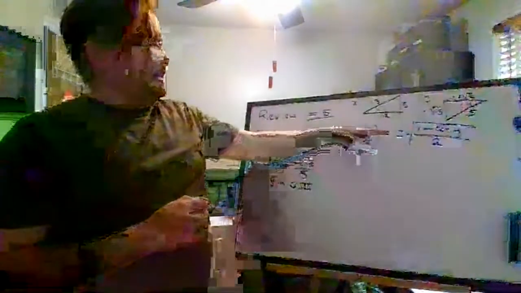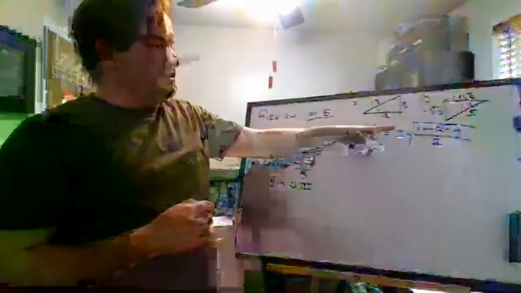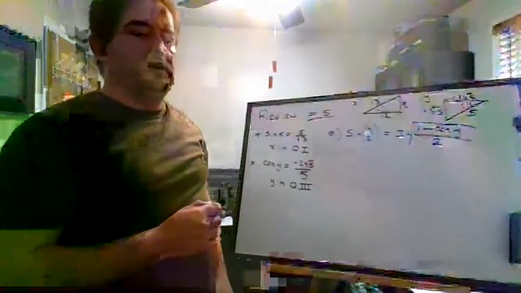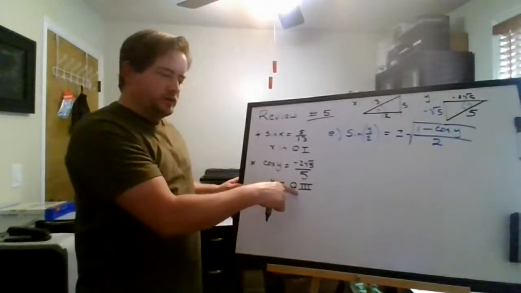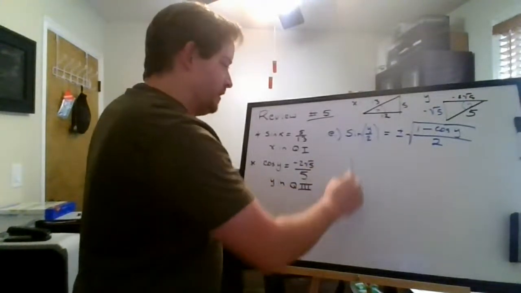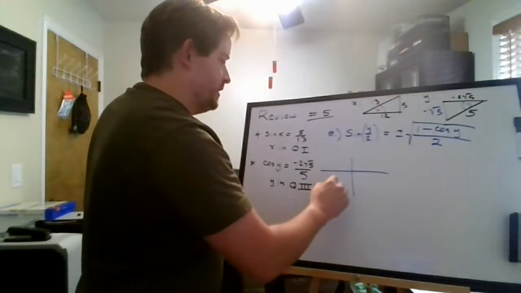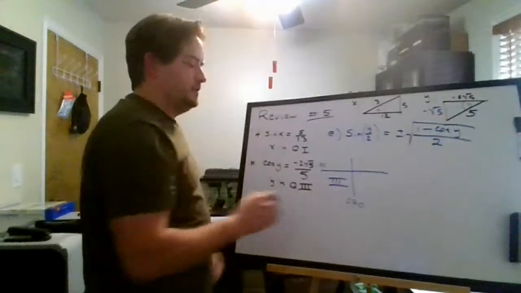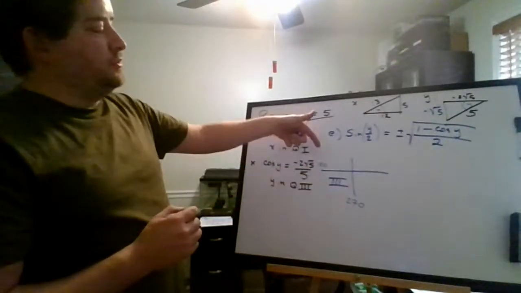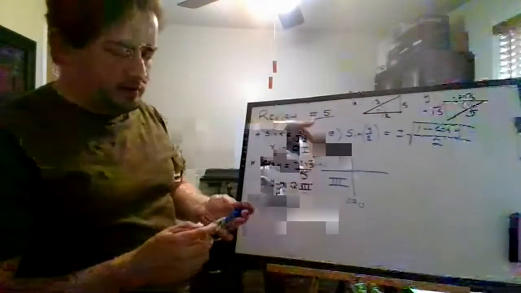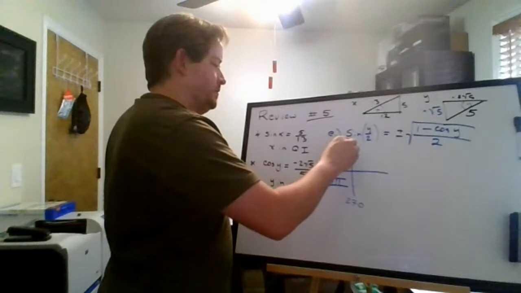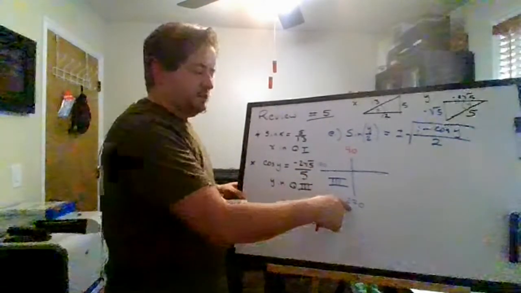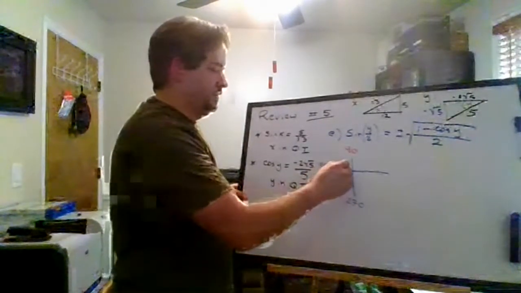The question I think most people have is, do I use positive or negative, and how do I know, right? Well, if y is in quadrant 3, we can argue then down here in quadrant 3. But if you half those, right, half of 180 is 90, and half of 270 is 135.